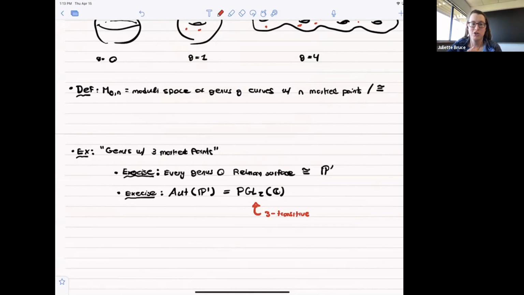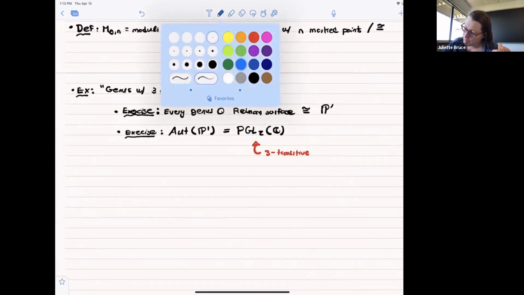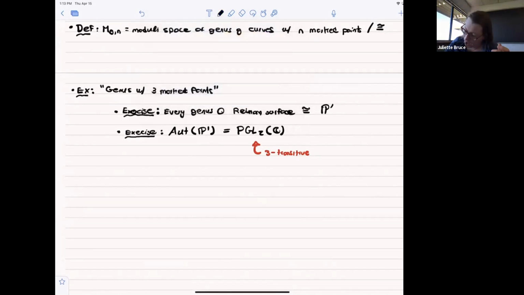That would hurt. But what this essentially means is that if we take any given points, P1, P2, and P3 on the Riemann sphere, we can map them to the points 0, 1, and infinity.